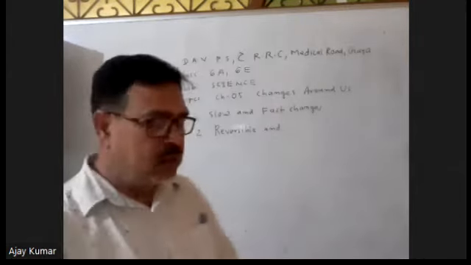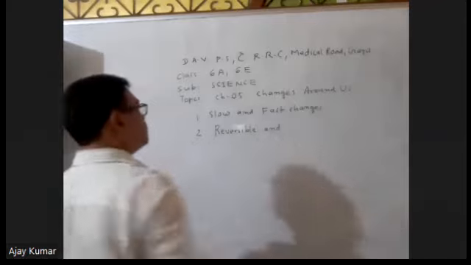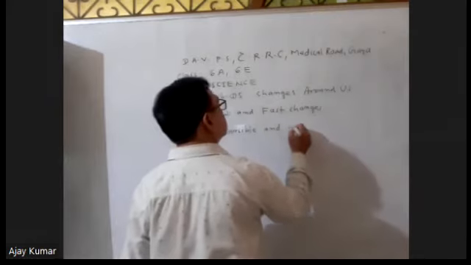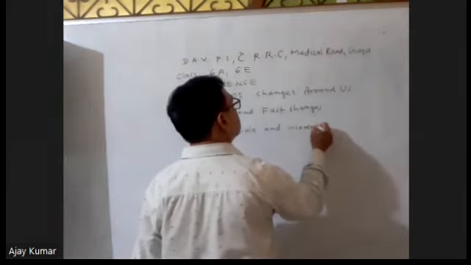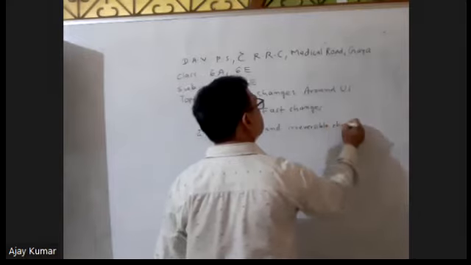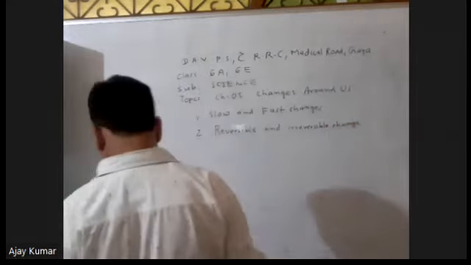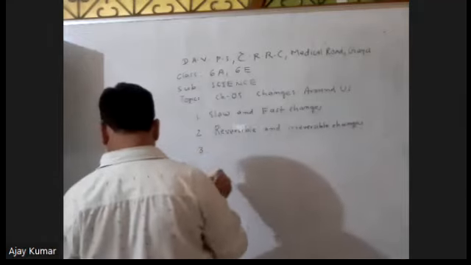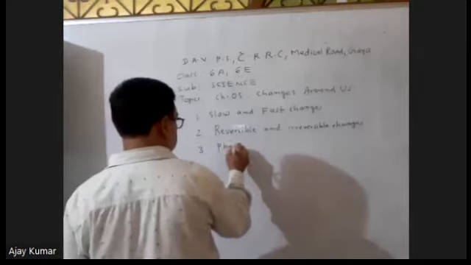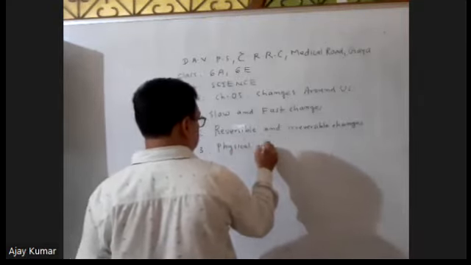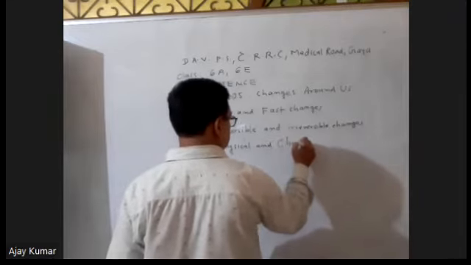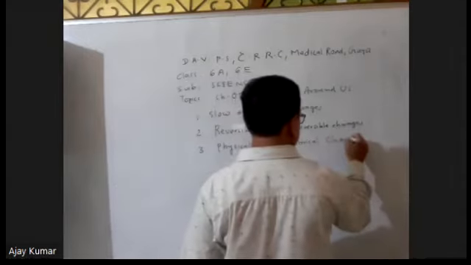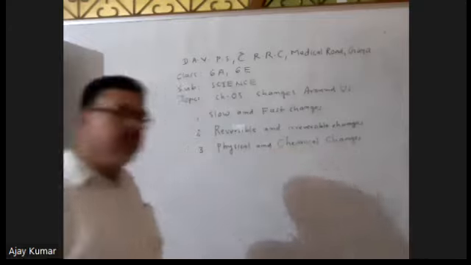Number one, slow and fast change, reversible and irreversible change, and physical and chemical changes.